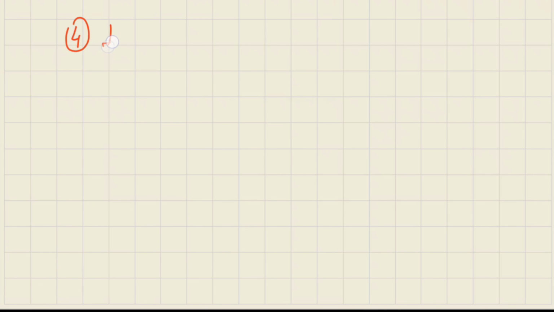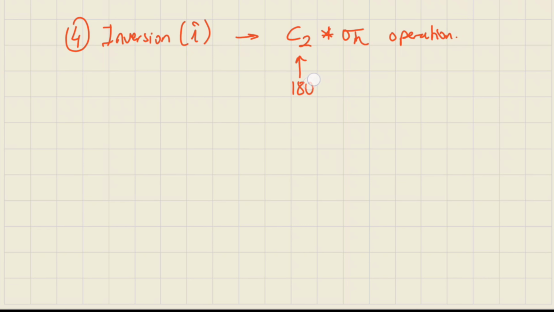The fourth one is inversion, or the i symmetry operation, and this is the C2 times sigma h operation. First you turn the molecule 180 degrees and then you apply a sigma h. This is called the inversion operation.